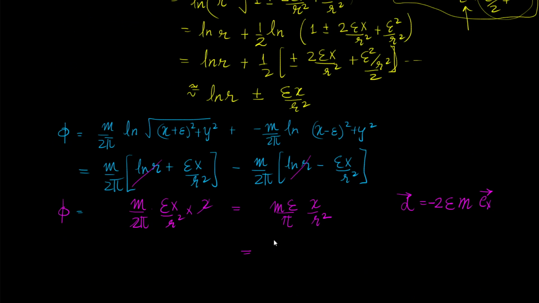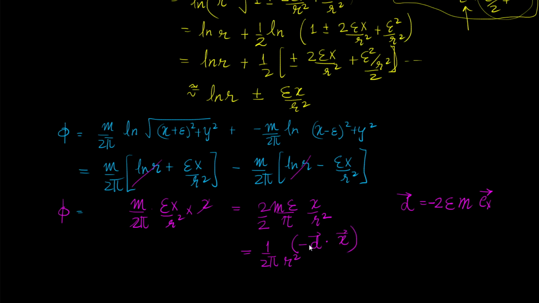So using this, what is the expression for m epsilon? m epsilon is, let us multiply everything by 2 and divide by 2. So 2 epsilon m x, times 1 upon 2 pi r square. So this is nothing but minus d vector dot x vector.